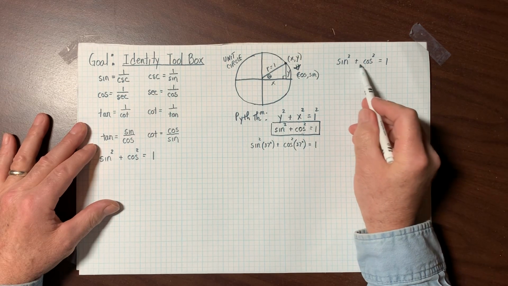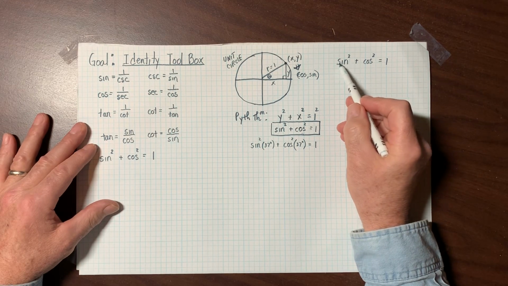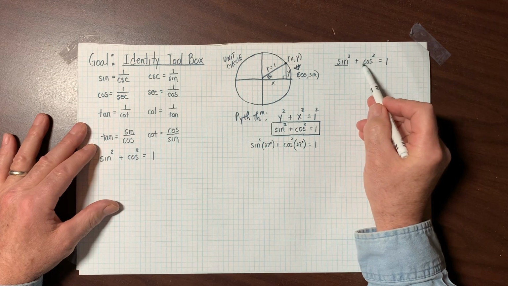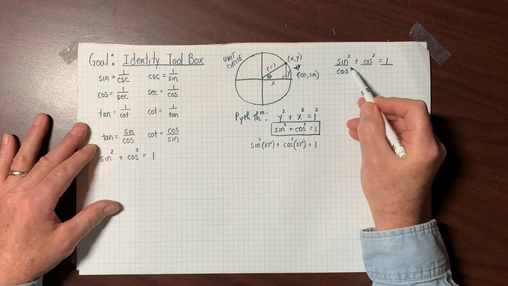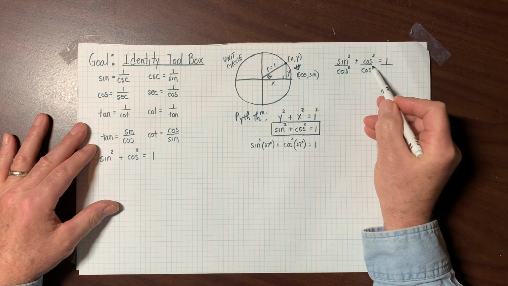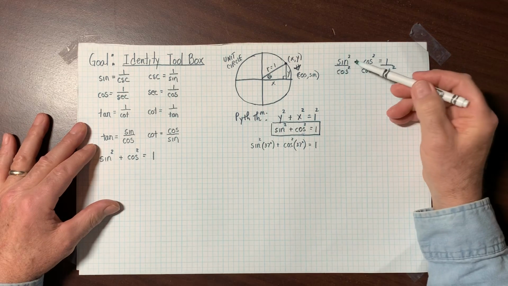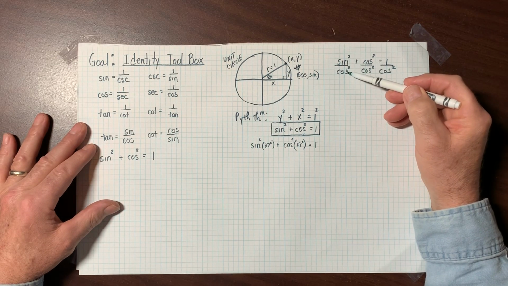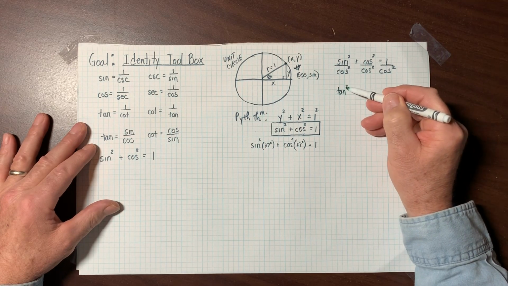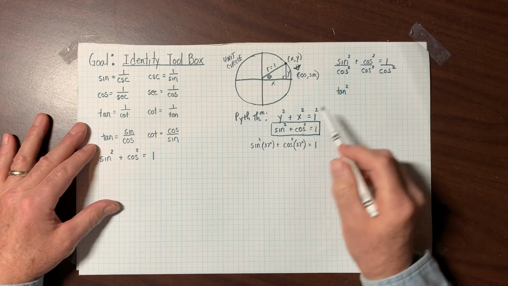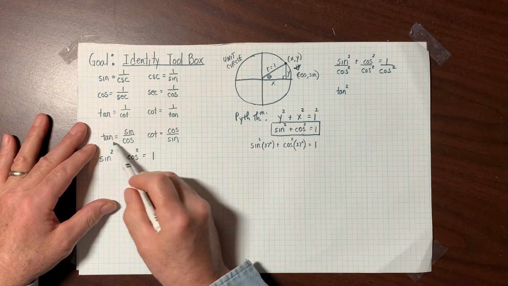Now, I'm going to take this relationship, and I'm going to go through, and I'm going to divide each term by cosine squared. Now, sine squared over cosine squared would be tangent squared. If you're confused about that, if you look over at the identity toolbox, you know that sine over cosine is tangent.